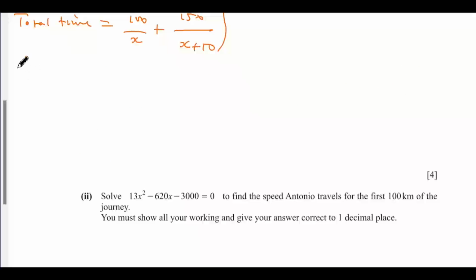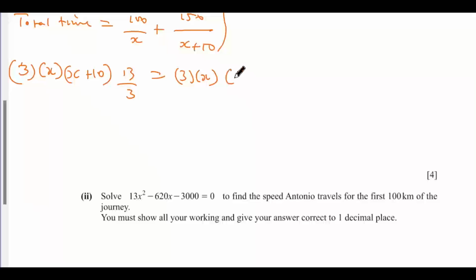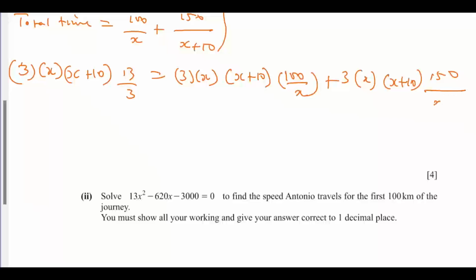Okay, so we can write it here. So we're going to have 3 into x into x plus 10 multiplied by 13 over 3 to be equals to 3 into x multiplied by x plus 10 into 100 over x, then plus 3 into x into x plus 10, then multiply by 150 over x plus 10.